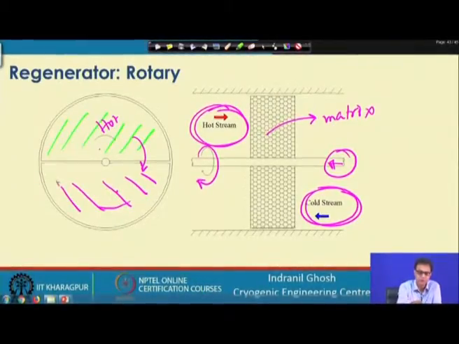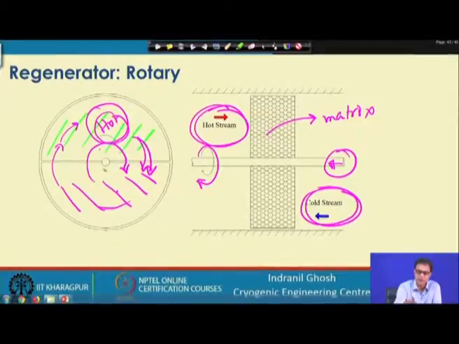Since it is continuously rotating, it again comes in contact with the hot fluid and takes heat from the hot fluid, and then in the next moment it comes in contact with the cold stream periodically.